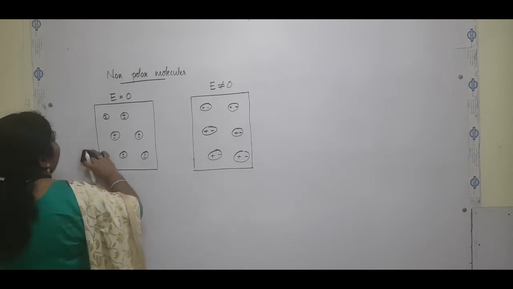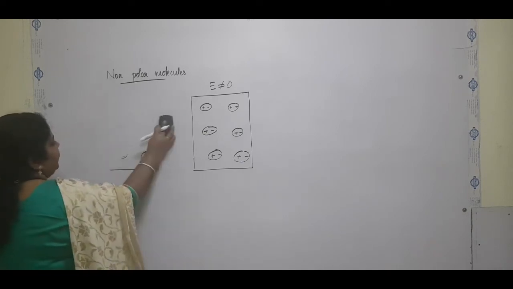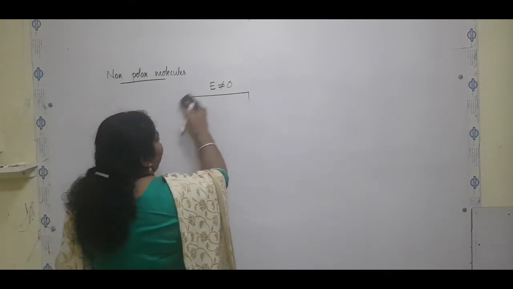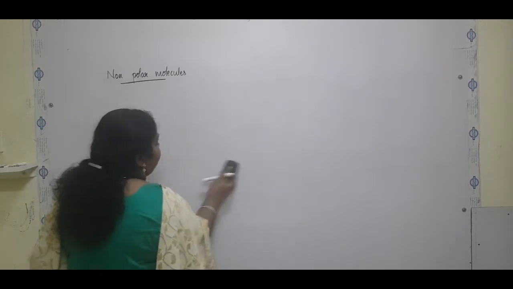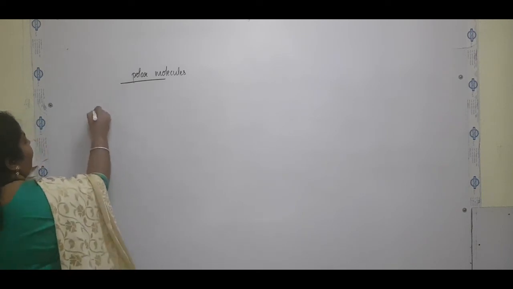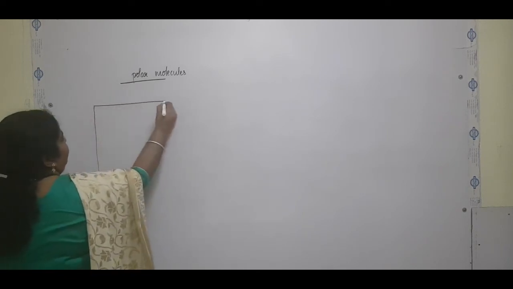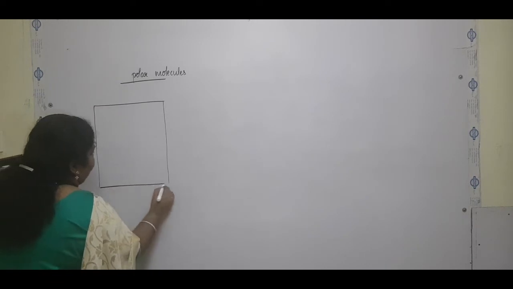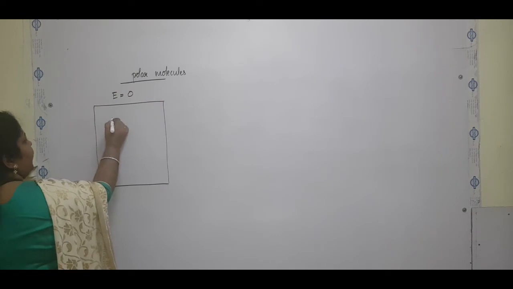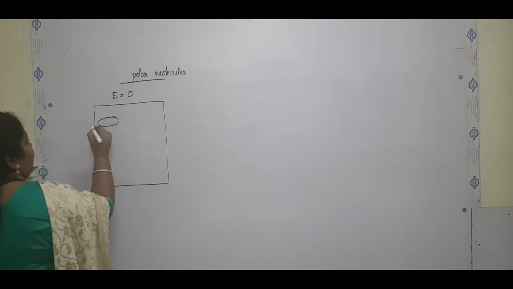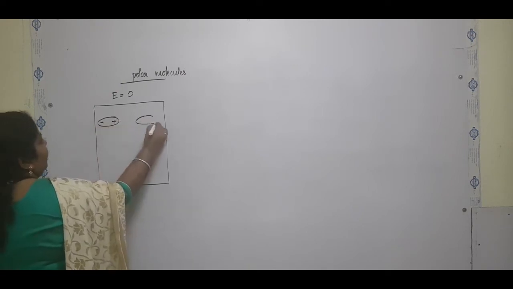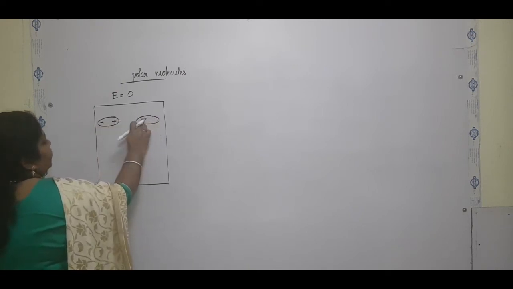Polar molecules are the ones which, even in the absence of an electric field, have some dipole. Dipole means positive and negative are separated by a small distance. So here we see the case of a polar molecule. If the electric field is not there, the charges are still separated by a small distance.